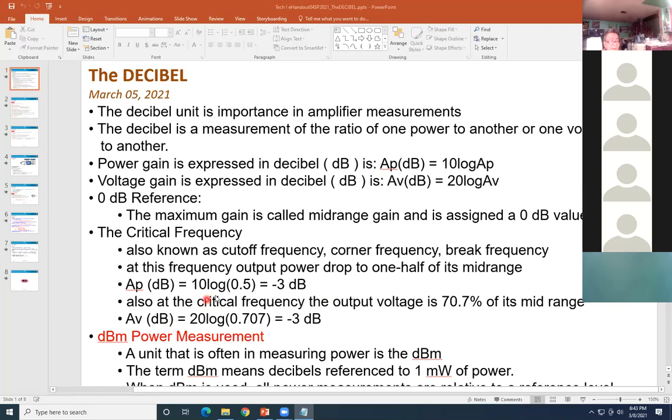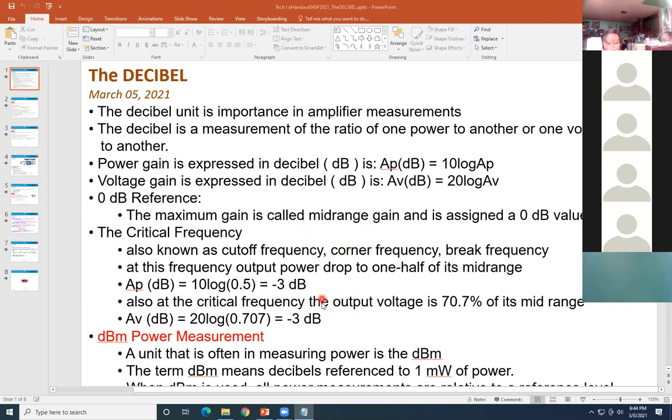Now, if we say a log of whatever number, I want you to be able to do the calculation with your calculator. You can see that it will be a log of 10 to whatever power.